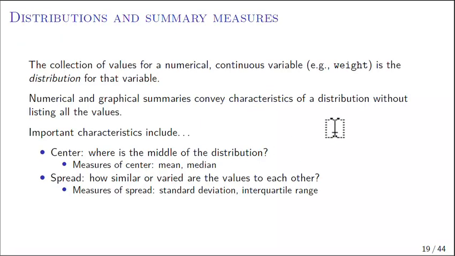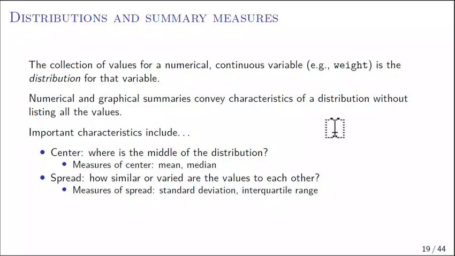So we have a bunch of numbers, for example blood pressures; we have many, many numbers. If we are facing a lot of numbers, what would be the best way to summarize them? The first characteristic we're interested in is the so-called center.